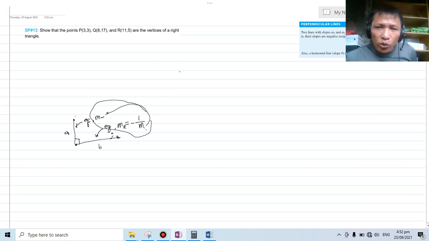The next solution is using the Pythagorean theorem, which states that a squared plus b squared is equal to c squared. How do we prove it? The Pythagorean theorem is already proven, so I will use it. If you have a triangle, I get the lengths of A, B, and C by the distance formula.